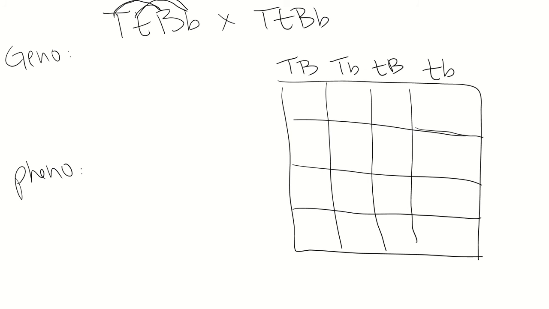So now we've got our dominant and recessive. Okay, so now when we run through this dihybrid Punnett square, it's just the same as doing a monohybrid cross.